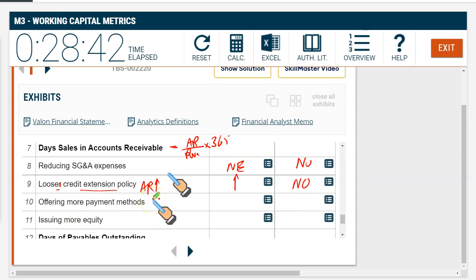When you offer more payment methods to customers, they might pay through different means, and it will lower your accounts receivable. When AR reduces, this will make the ratio go down, because AR is in the numerator, and then of course your working capital cycle will shorten. Issuing more equity will have absolutely no impact on these at all.